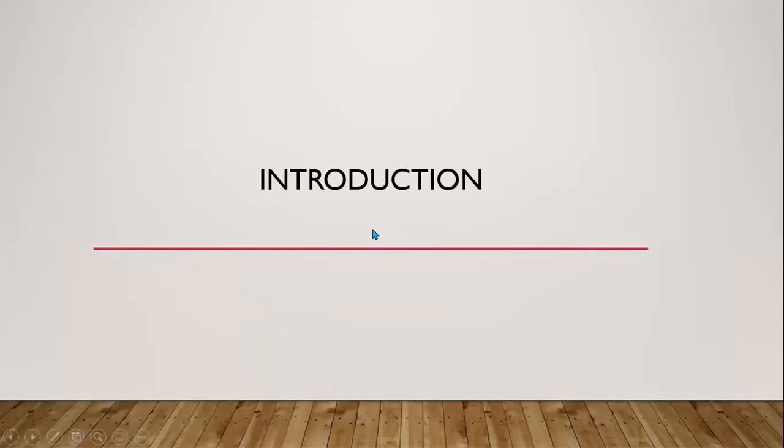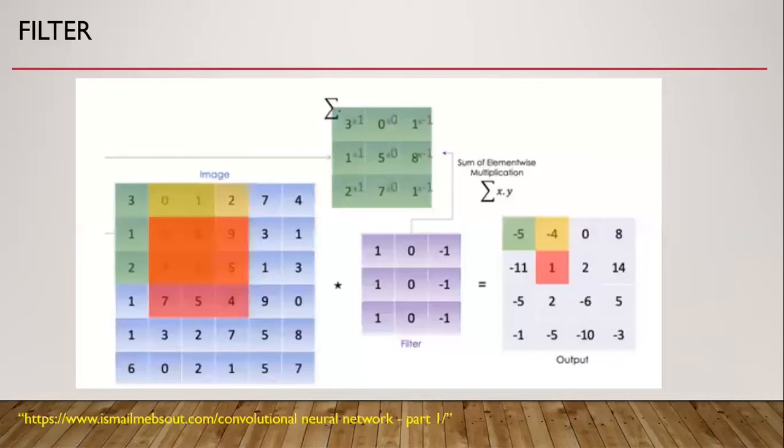So let us see what a convolutional neural network is. So we use filters, and these filters are shifted on the image, and the sum of the dot product is noted down.